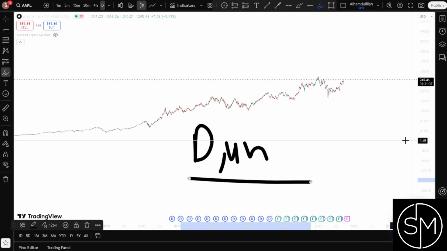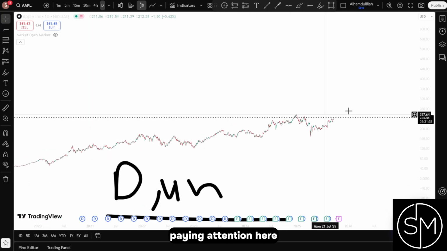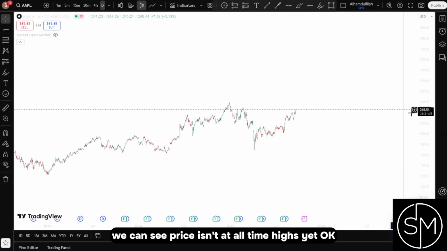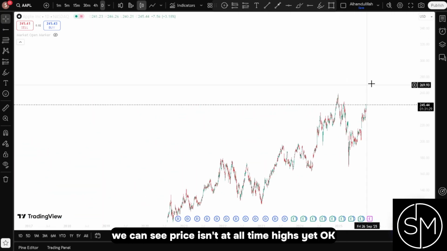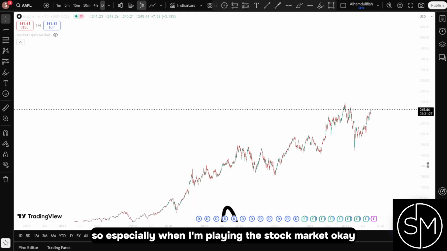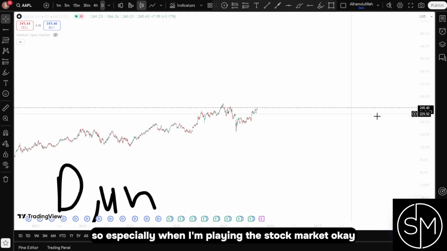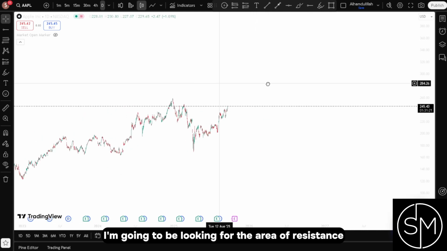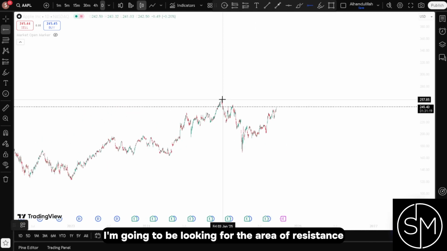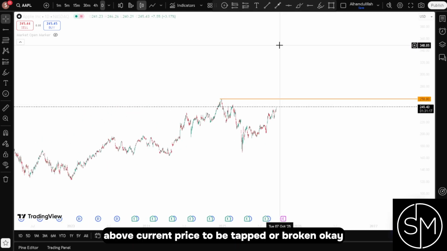Paying attention here, we can see price isn't at all-time highs yet. Especially when I'm playing the stock market, I'm going to be looking for the area of resistance above current price to be tapped or broken.